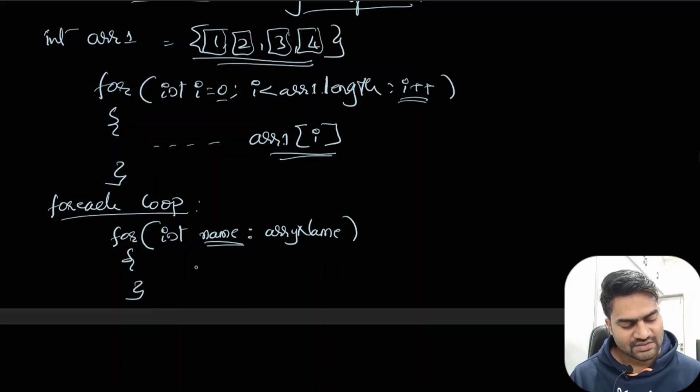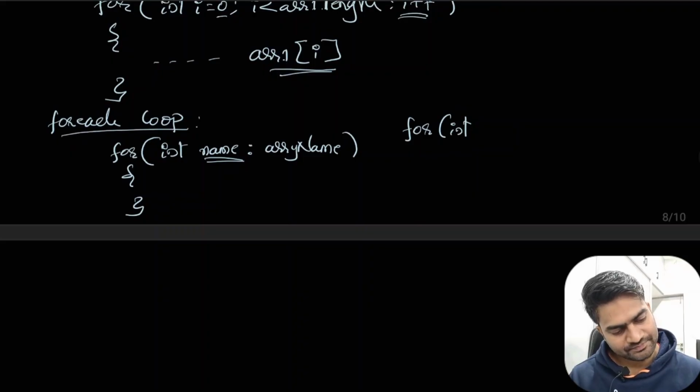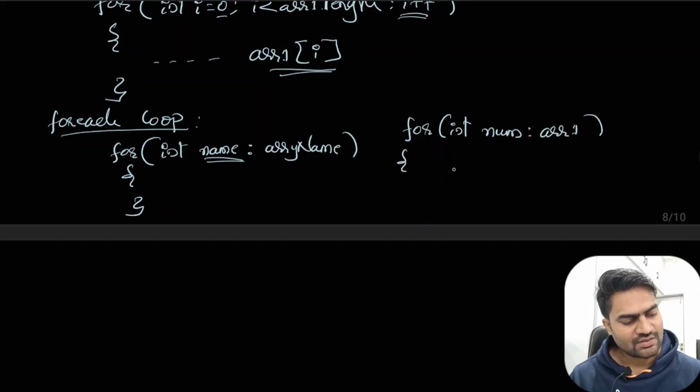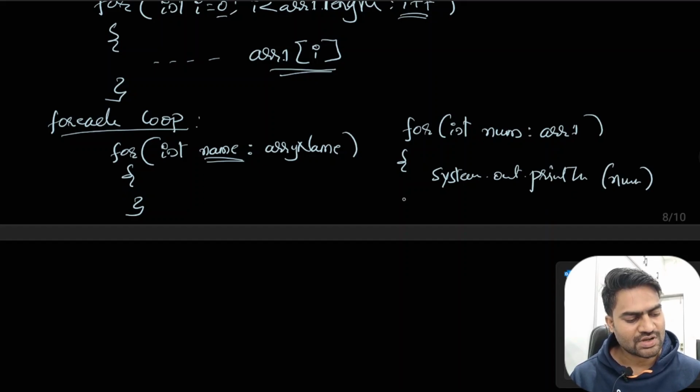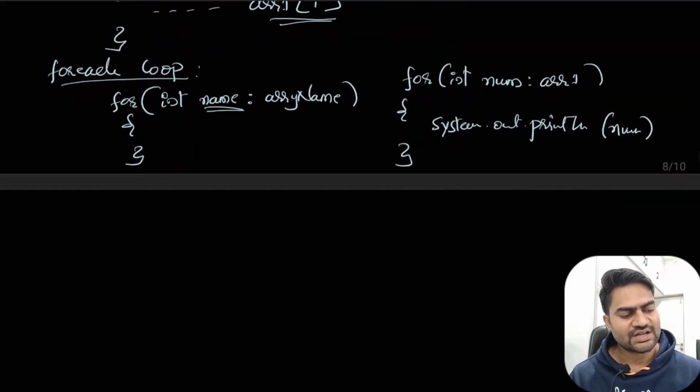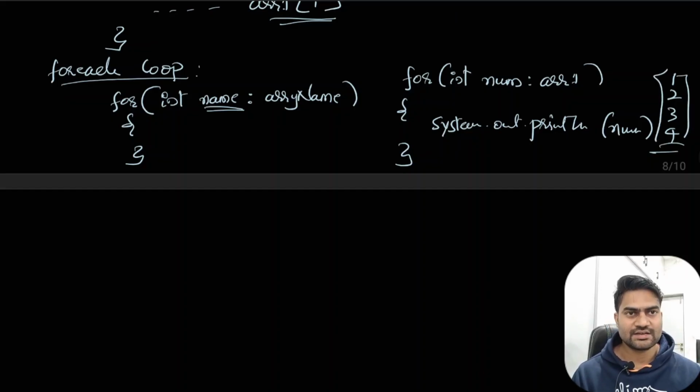That's how we can access this array using a for each loop as well. In this example, it can be for int num colon arr1, and we can say System.out.println of num. This will print the numbers 1, 2, 3, 4, one after the other.